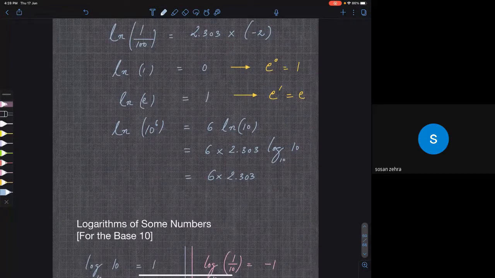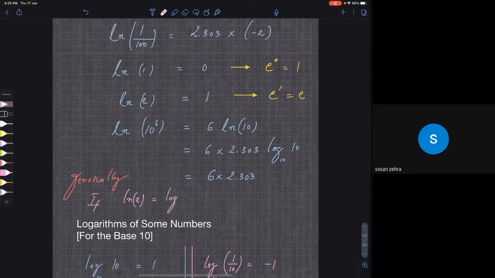Now remember, generally, if ln x is given, then you have to understand that that is log x to the base e.